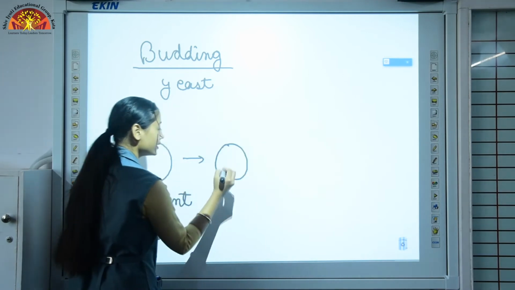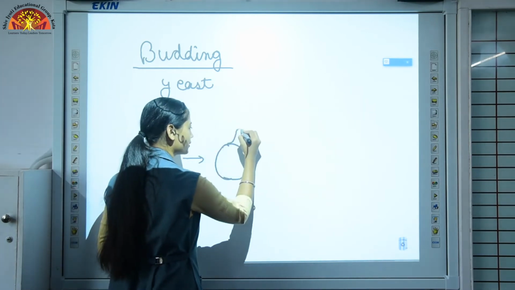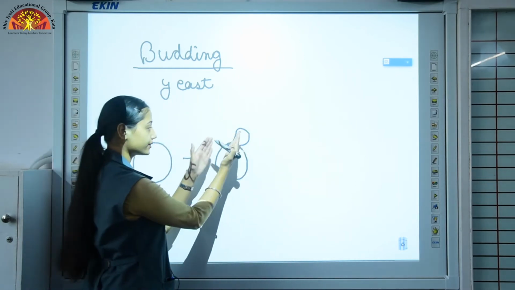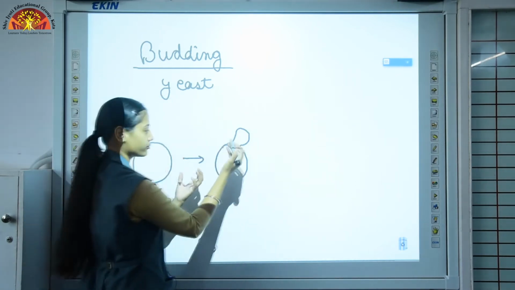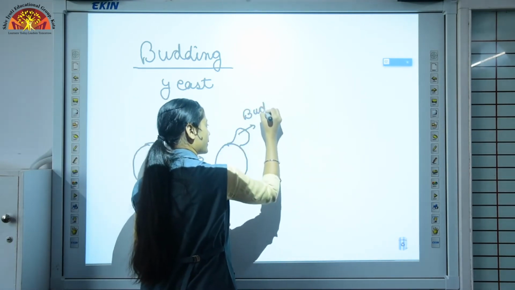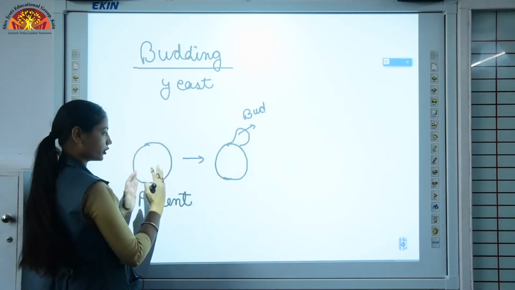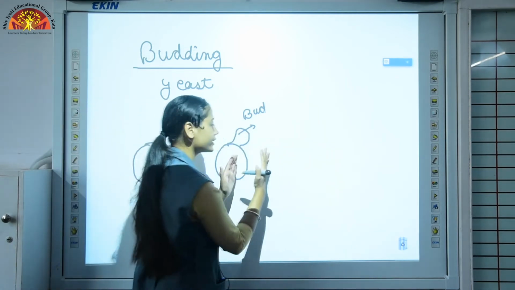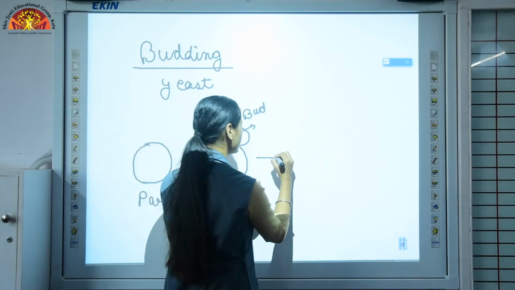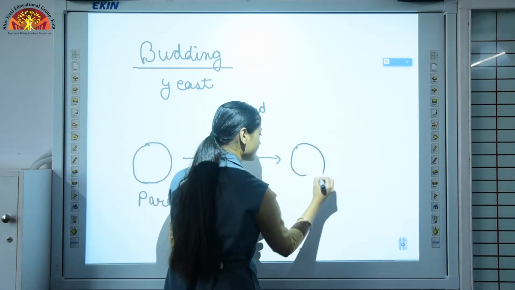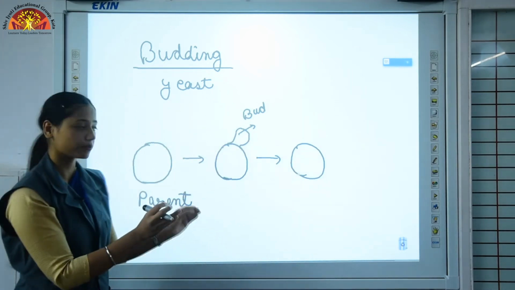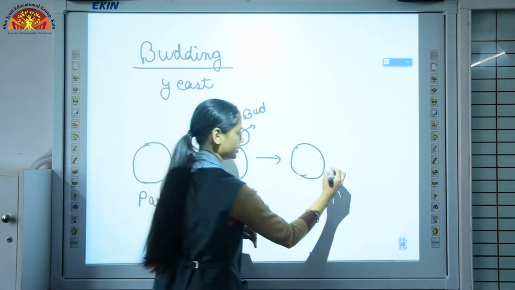It will start developing an outgrowth on its body, and this outgrowth, this bulge which you can see, is known as a bud. The bud is developed on the body of the parent, and slowly it will keep on developing, and after some time this is the parent yeast, and this bud will detach from the body of the parent here.